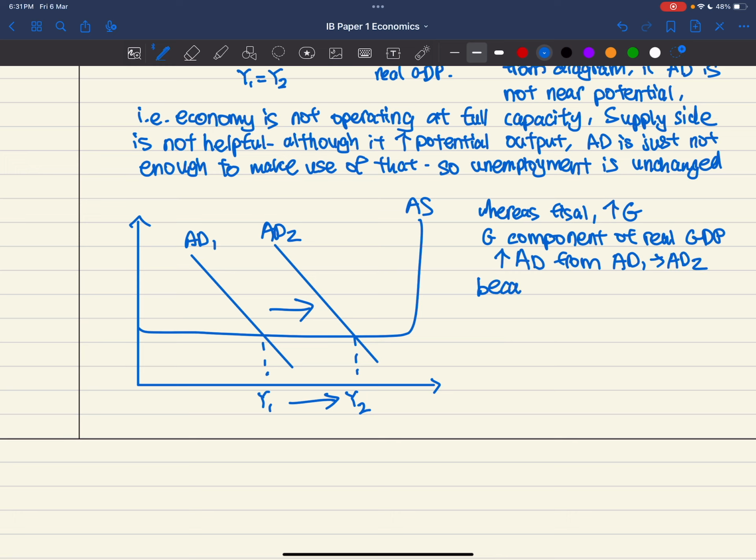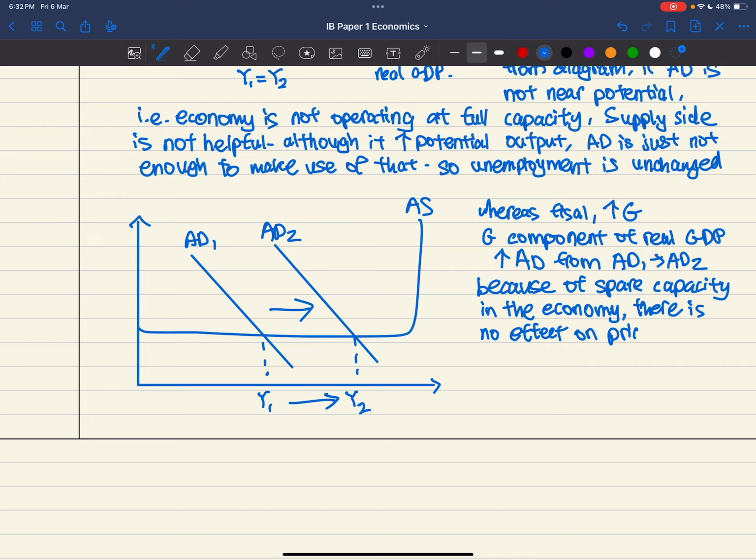And you have to make your explanation really clear. Because of spare capacity in the economy, there is no effect on price level.